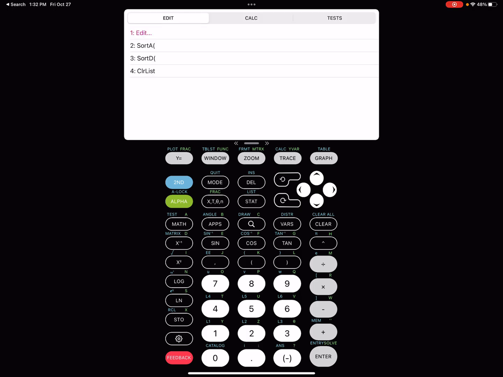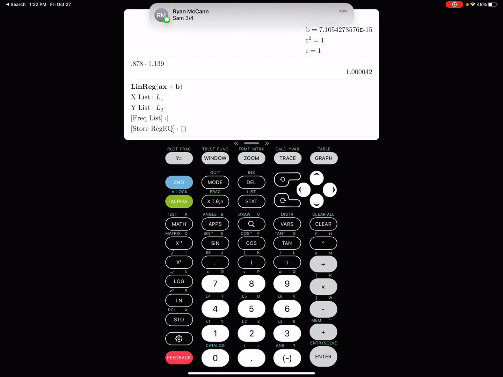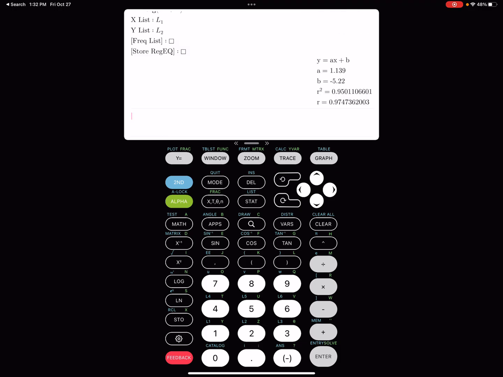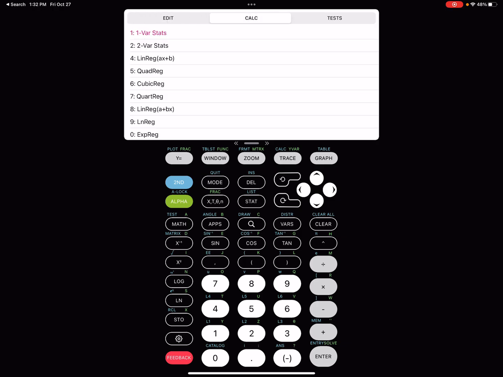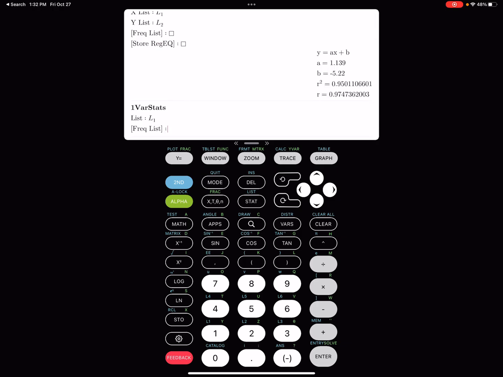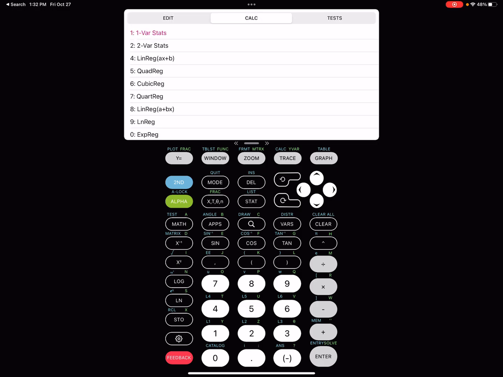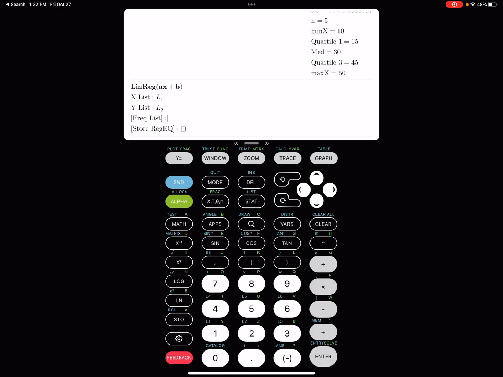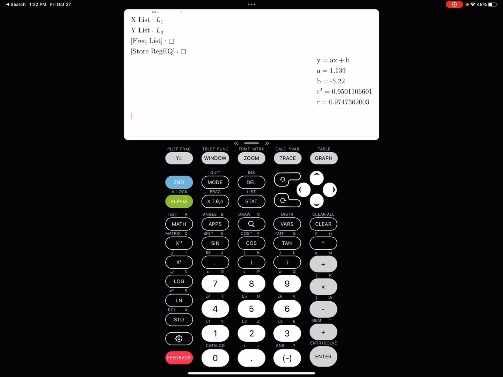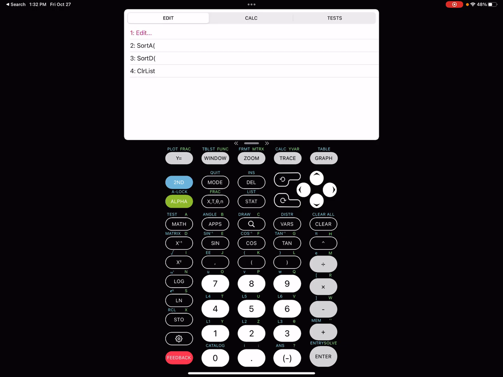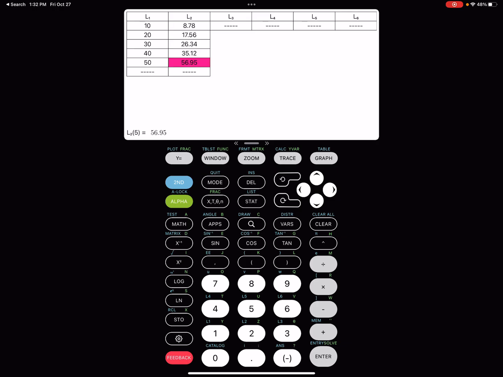And then I go stat calc option 4 and hit all the enters. Oh, I'm doing the wrong thing there. Sorry, I'm confusing you. That is giving me wrong information. I'm not sure what's happening, so don't run with that yet. Stat edit. I didn't change this last data. This one should be 43.9.